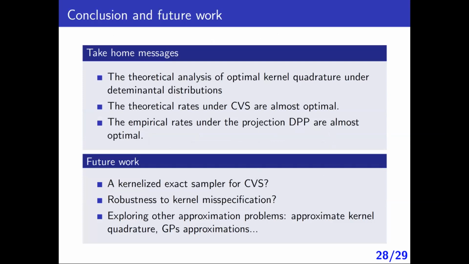And the question now is, we know how to simulate a projection DPP exactly. We have an exact sampler for projection DPPs, but it's an open question whether we can design an exact sampler for continuous volume sampling.